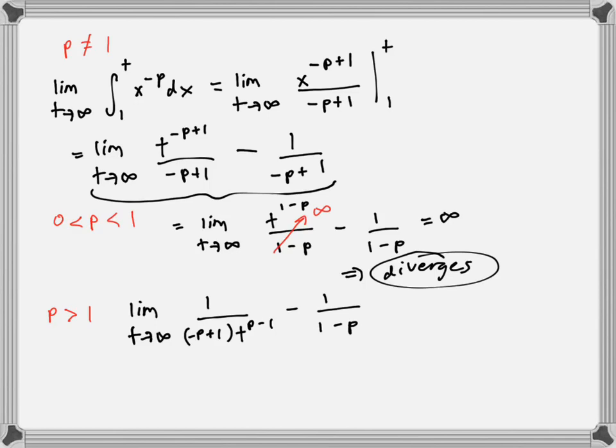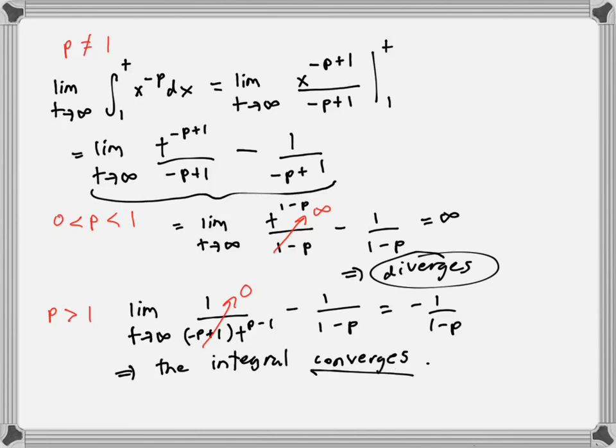Because now p minus 1 is positive, and so if you send t to infinity, this guy actually goes to 0. So this limit actually exists. It's -1 over 1 minus p. In other words, the integral converges. So the only case where it converges was when p is larger than 1. So that finishes the theorem.